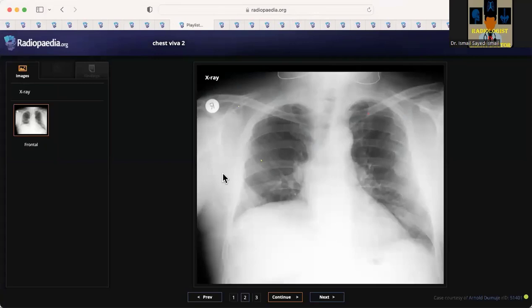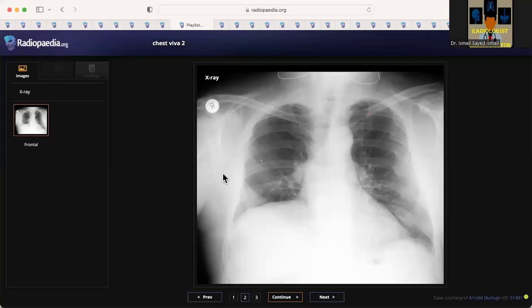Yeah, so go ahead. I'm presented with a frontal chest X-ray of an adult, a routine chest X-ray, and the most striking abnormality that I can see involves multiple rib fractures, mainly on the posterior aspects of the left ribs.